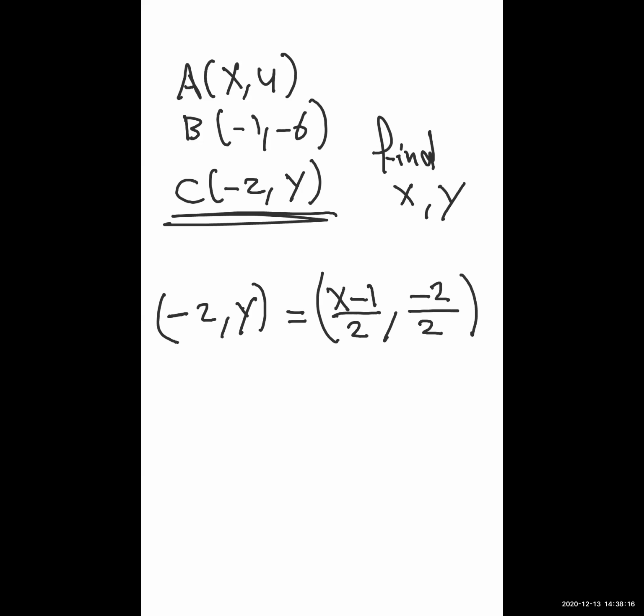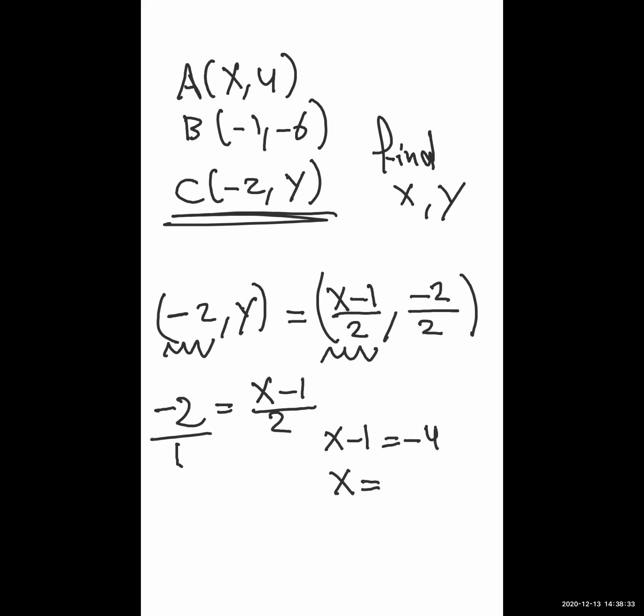So now, guys, -2, which is the first one, will equal the first term. -2 will equal X minus 1 over 2, so use cross multiplication. So X minus 1 will equal -4. So simply X will equal, shift this -1 to the other side with different sign, so this means -4 plus 1, so X will equal -3.